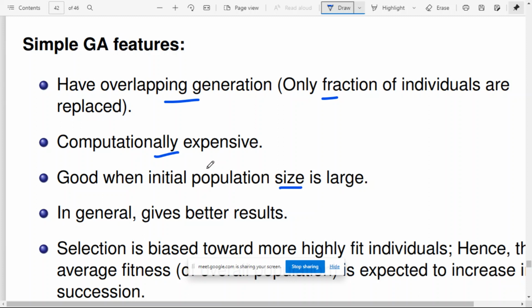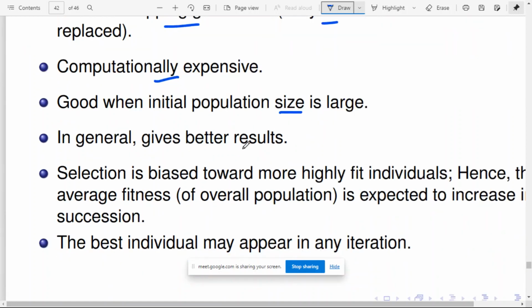Here each individual is a solution. So the more individuals you identify with a good fitness score, the more likely it is that you are approaching the solution. In general it gives better results. Selection is biased towards more highly fit individuals. Hence, the average fitness is expected to increase in successive iterations.